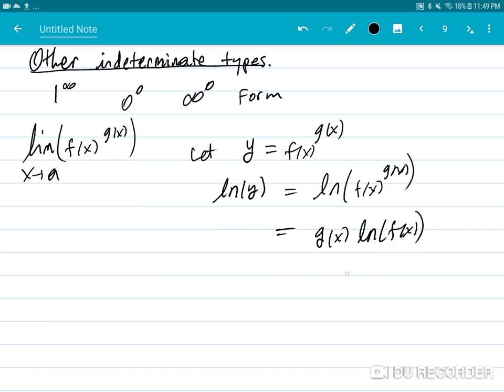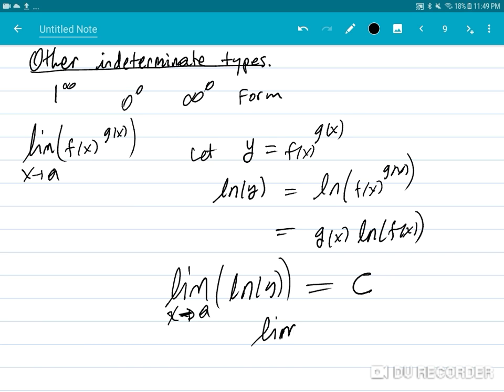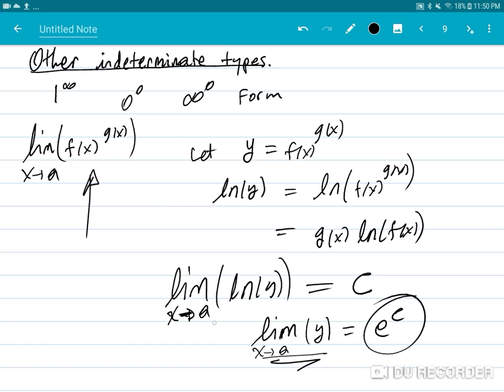And now you can apply the trick that we did with that type of indeterminate to evaluate the limit of natural log of y as x approaches a. Once we get that limit, call it c, then to get the limit of y, because that's what we want to find, we just take e to the power of c, and that gives us the limit of y as x approaches whatever a we have.